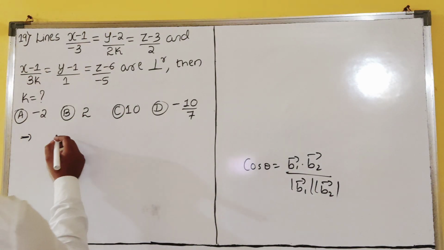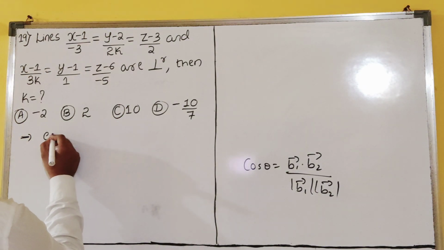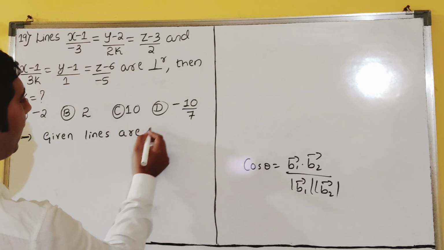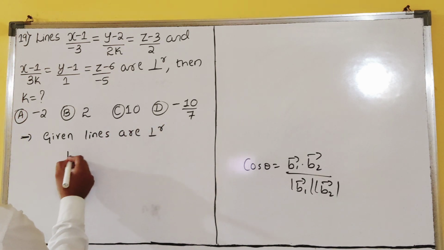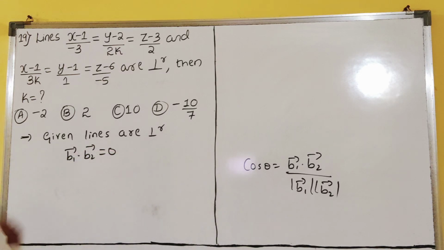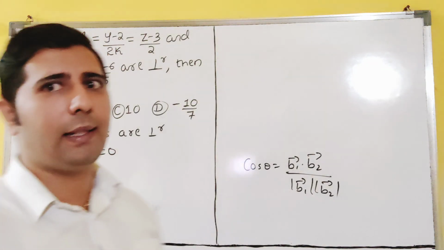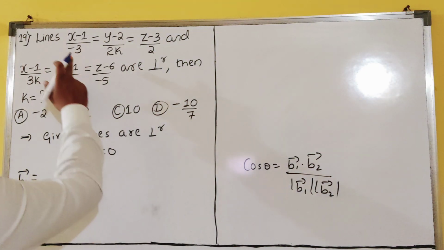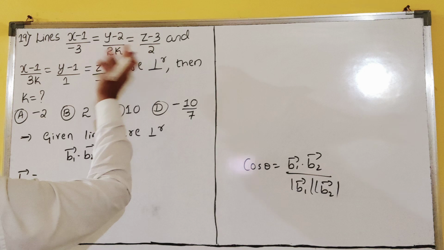So now here, given lines are perpendicular. Given lines are perpendicular means b1 dot b2 is equal to 0. Then what is b1, dear students? Just now I had discussed. Two lines are there and these are in standard form, of course.